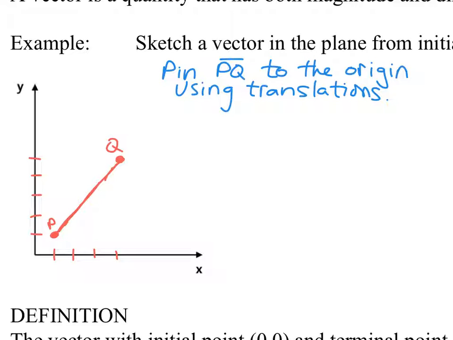All right, so if I'm going to shift point P, I'm going to go down 1 unit, and I'm going to go left 1 unit. So what I do to P, I have to do to Q. So down 1, left 1. So my Q prime is going to be here. P prime is going to be now at the origin.